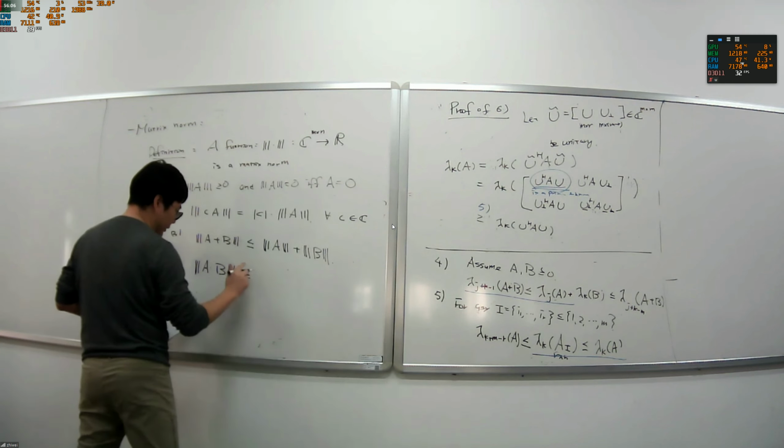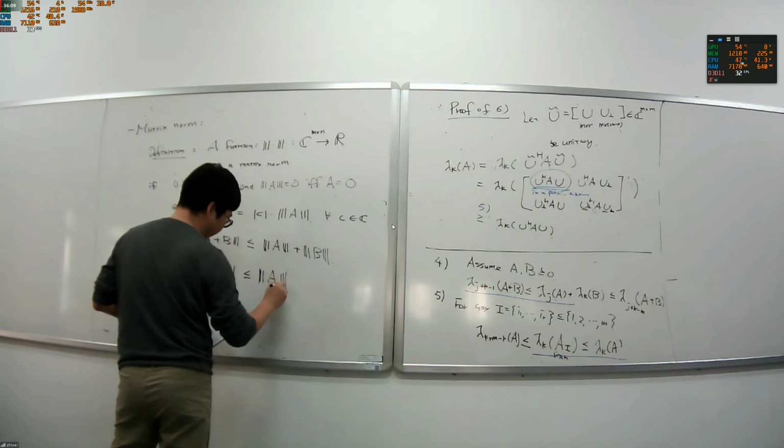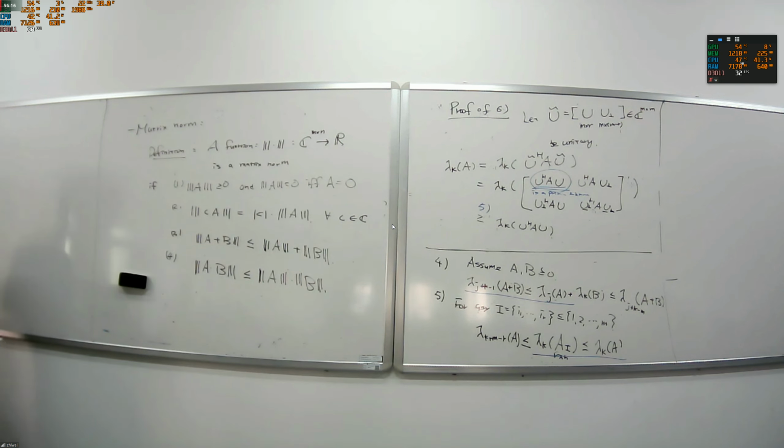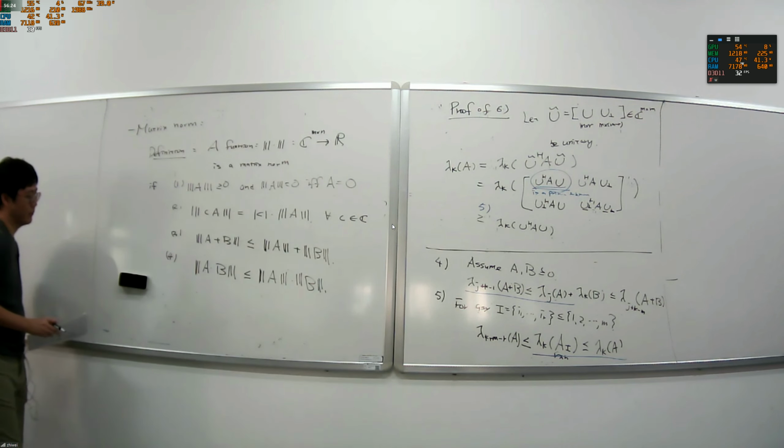Then the norm of AB is upper bounded by the norm of A times the norm of B. Satisfying these four axioms is called a matrix norm.